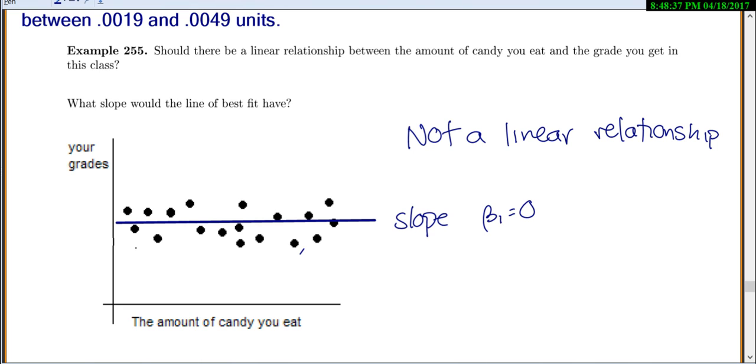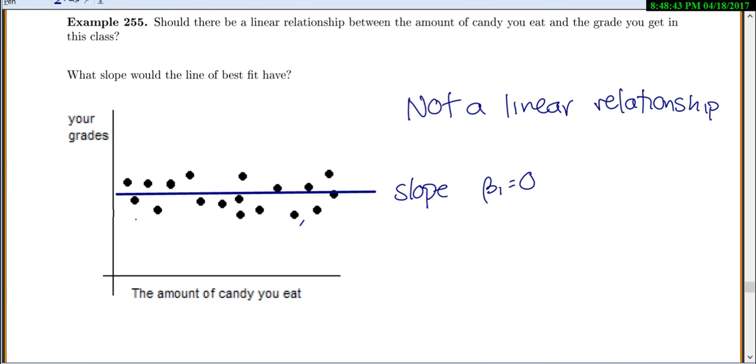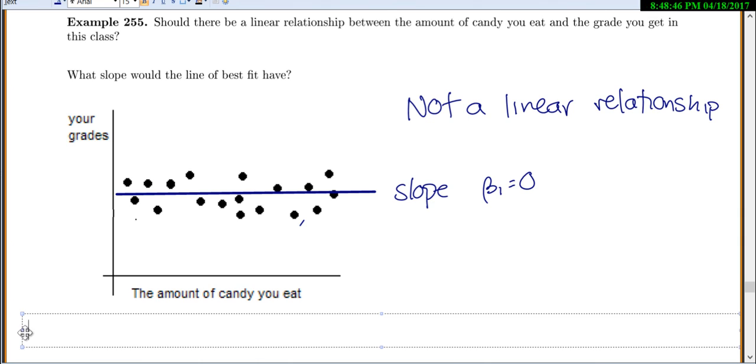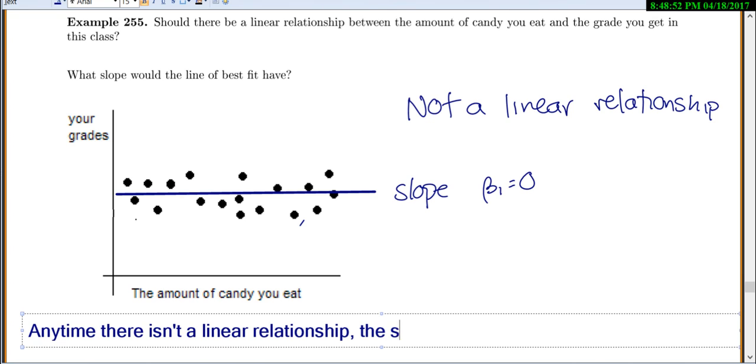Because if I eat more candy, my grade does not change. If I eat less candy, my grade doesn't change. There's absolutely no relationship. So what you need to remember, the important thing here, is anytime there isn't a linear relationship, the slope is 0. So if it's not a linear relationship, slope is 0.